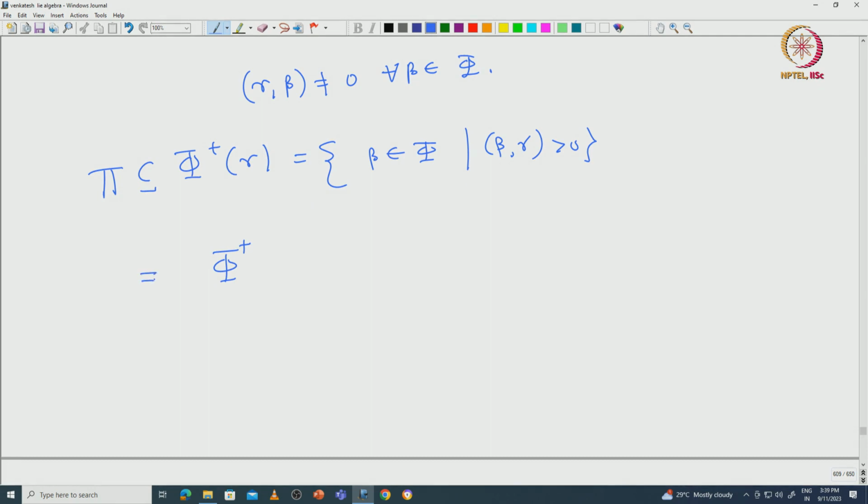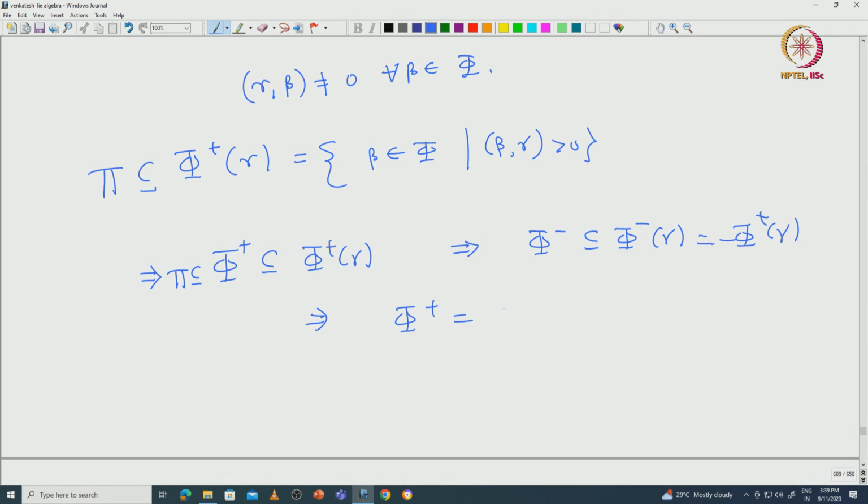So that forces pi to sit inside phi plus, and this phi plus sits inside phi plus of gamma, and this also forces phi minus to sit inside phi minus of gamma, which is minus phi plus of gamma.